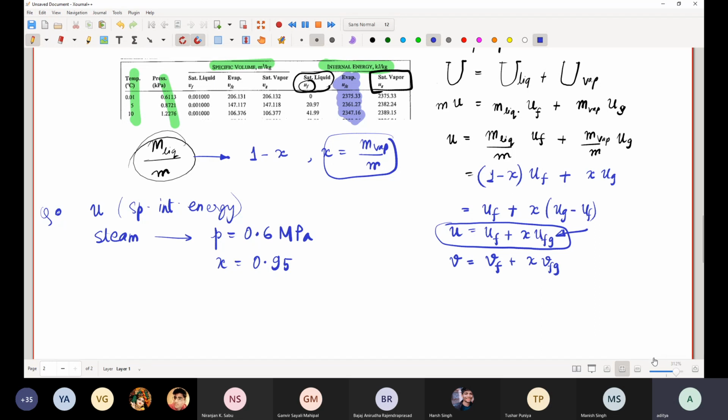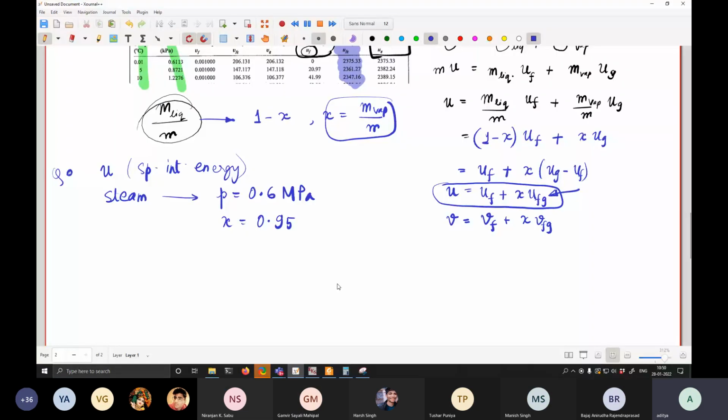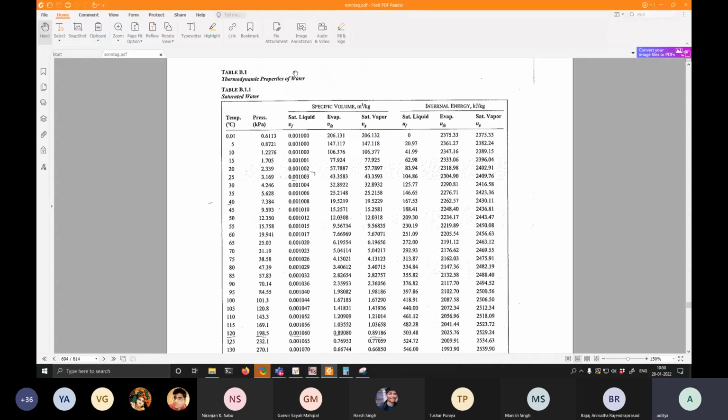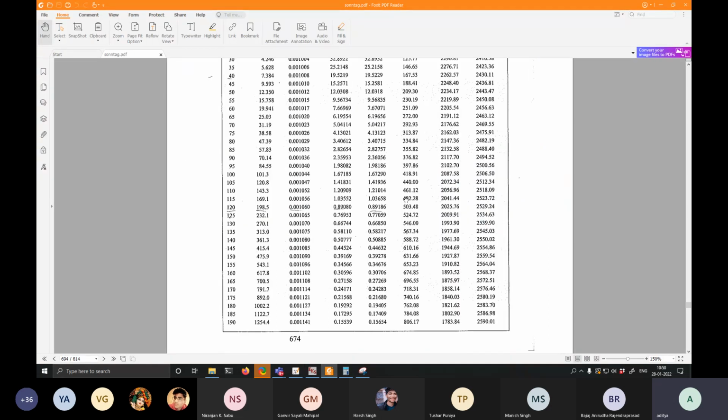So let me share my entire screen. So let's go to thermodynamic properties of water. What is asked is 0.6 megapascal and a quality of 0.95. So let's go over here.